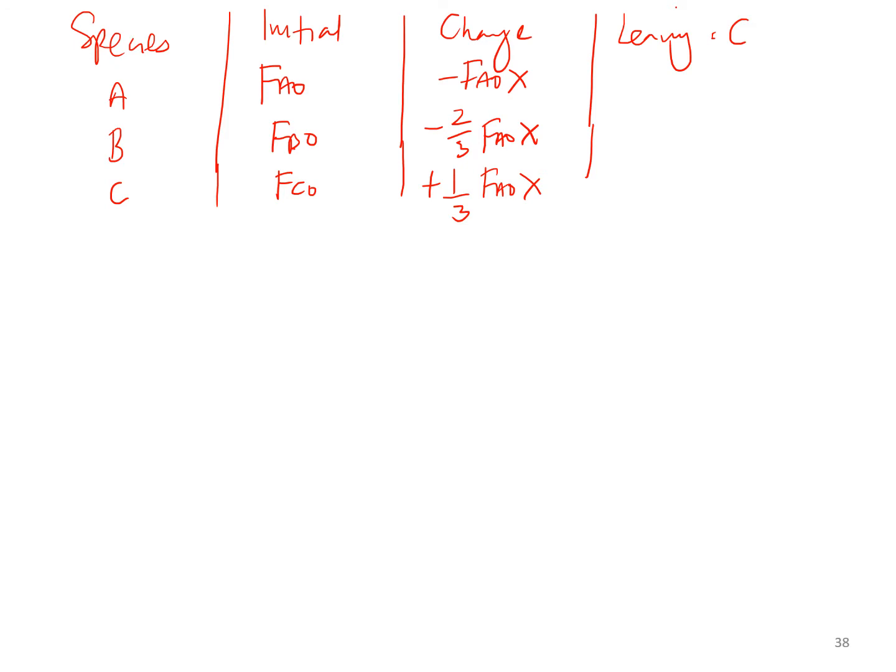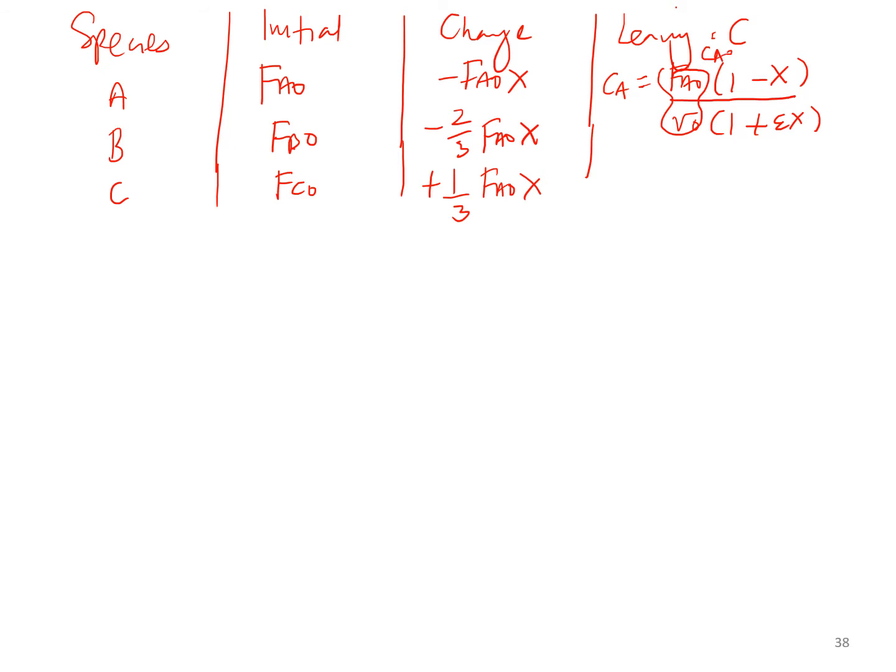So CA is the initial plus the change, FA naught times 1 minus X. This is a variable volume, so you should include 1 plus epsilon X, and this you can replace with CA naught.